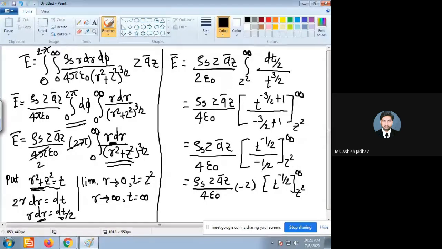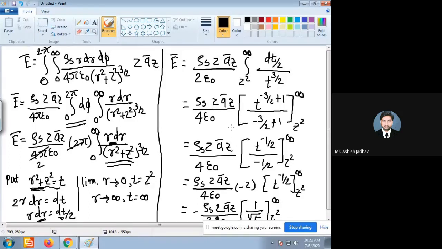So this minus 2 and 4, it becomes 2. So this is equal to minus rho s z a bar z divided by 2 epsilon naught, 1 upon under root t, from z square to infinity, right?